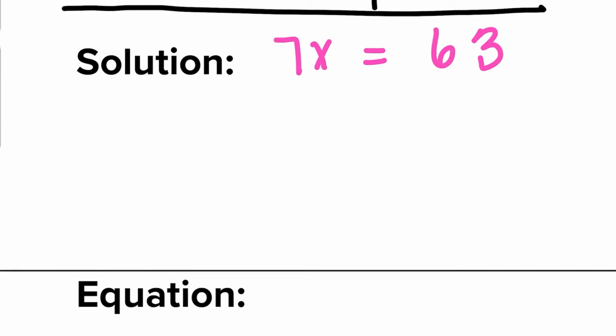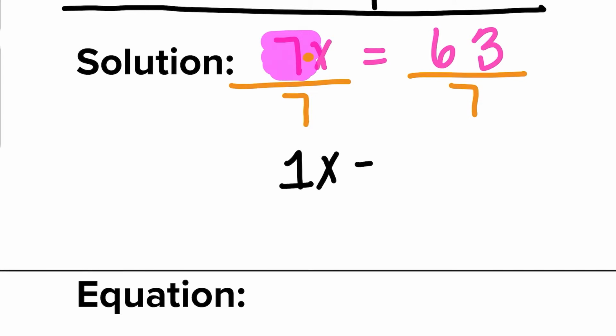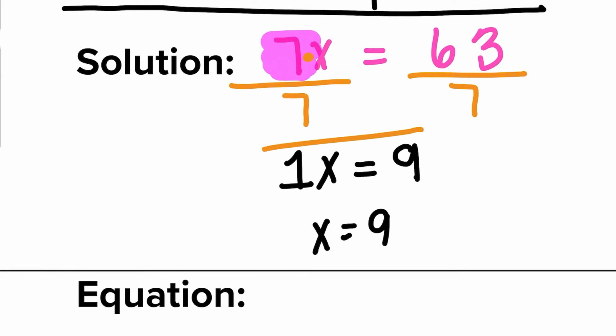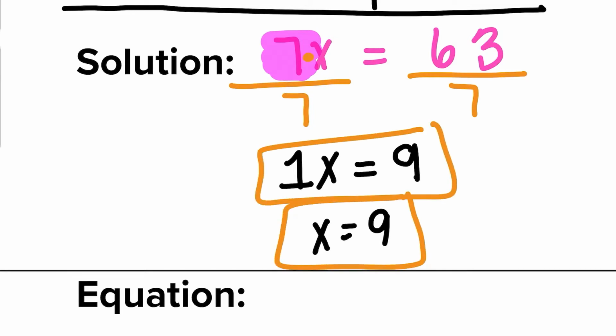And the last thing is, I noticed that my coefficient is a 7, and it's being multiplied by the x. So the inverse operation is to divide by 7, because that gives us a coefficient of 1x equals 9, or x equals 9. Either one of those is correct.